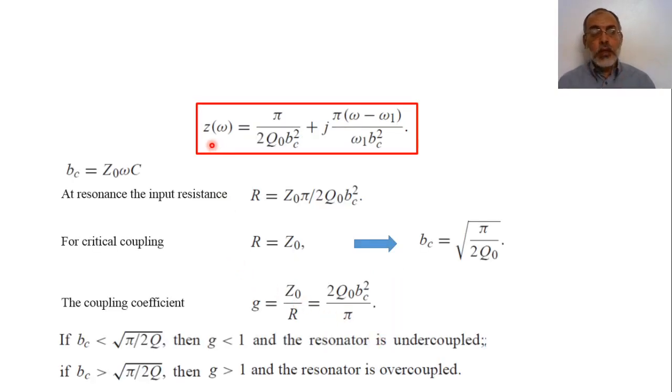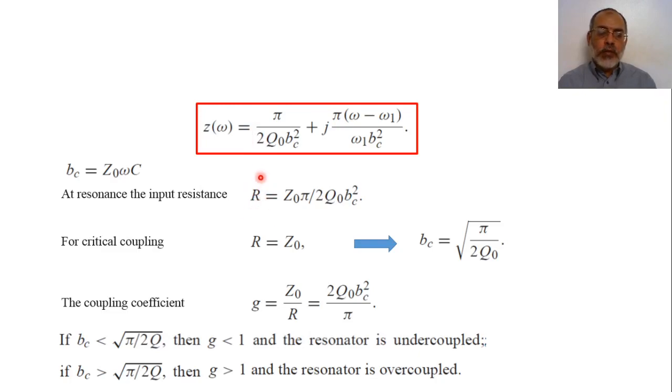Okay. So finally, we have the input impedance of the coupled resonator: pi over 2Q naught BC squared plus j multiplied by pi times omega minus omega 1 over omega 1 BC squared. As I mentioned, the corresponding resistance R would be this real part multiplied by Z0, because this is normalized impedance.